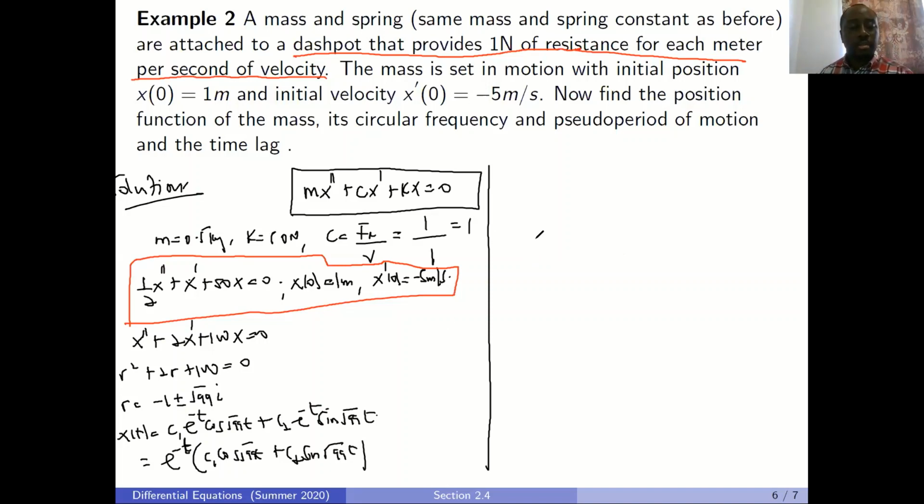Okay, so we need to determine c1 and c2 using our initial conditions.